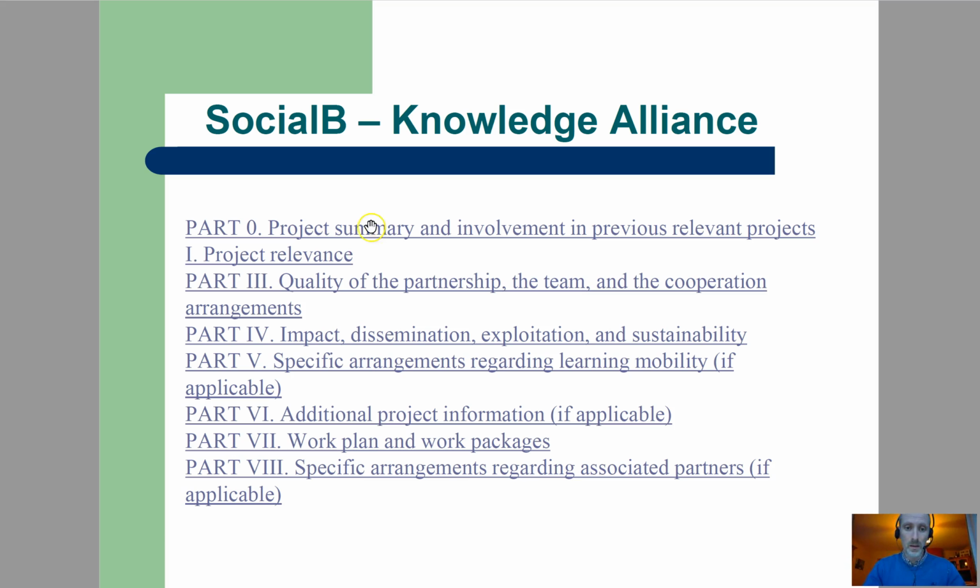So summary, that's basically executive summary and any relevant previous projects, the relevance to the call, quality of the partnership, impact, dissemination, arrangements if there's going to be mobility involved, which in our case there wasn't, any additional project information, work plan and work packages, and then if there's any associated partners. So critical parts are 1, 3, 4 and 7.